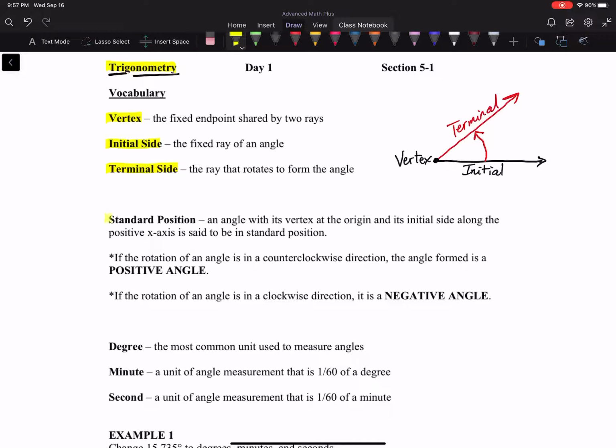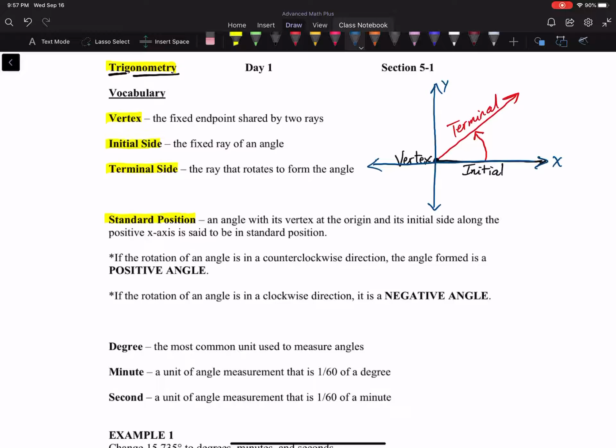Standard position is an angle with its vertex at the origin and its initial side along the positive x-axis. So what that basically is, if I were to take my angle here and make an XY coordinate plane out of it, I'm gonna make it where the initial side is on the positive x-axis, and that's called standard position.